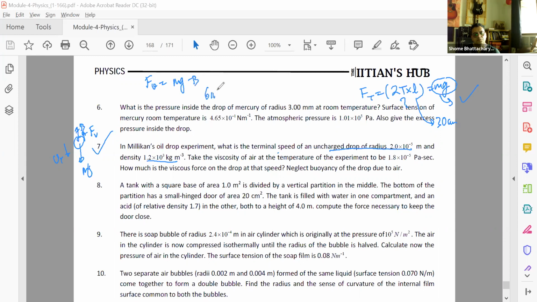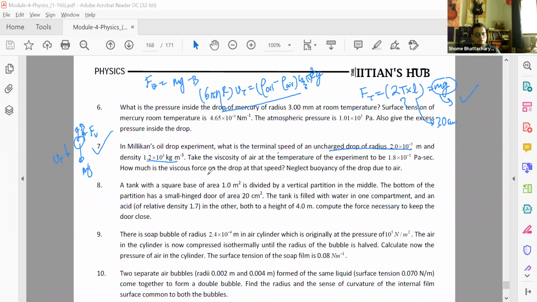So 6 pi eta r into terminal velocity equals the density of the oil drop minus density of air into 4 by 3 pi r cube into g. So this is the first situation.